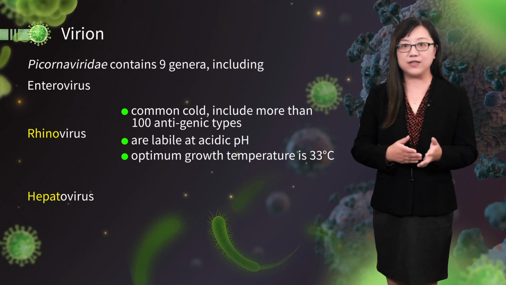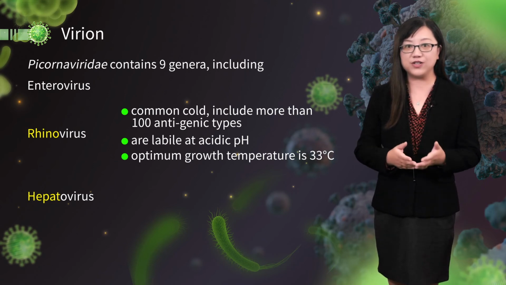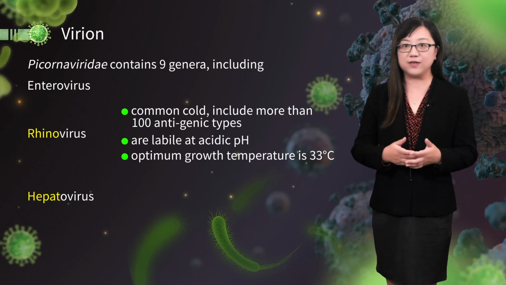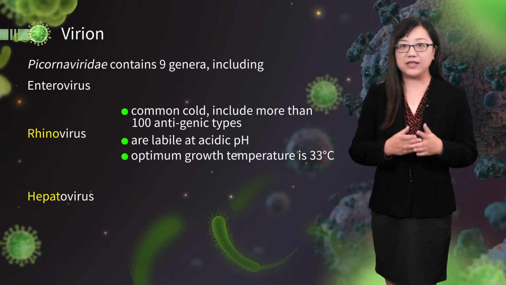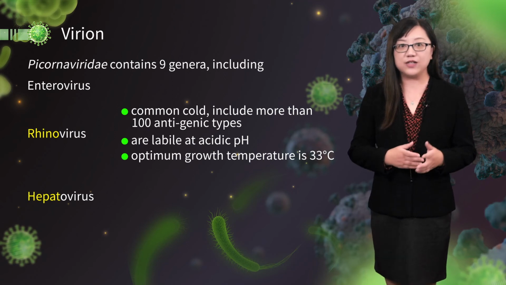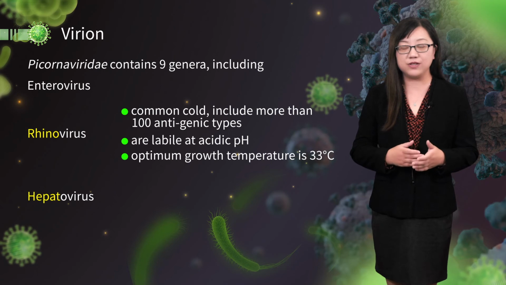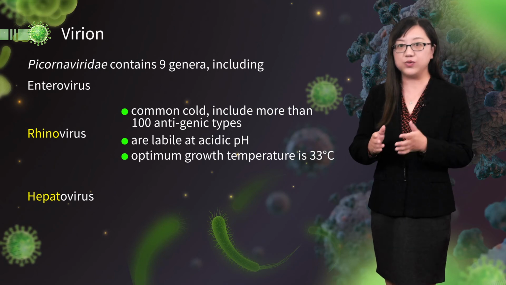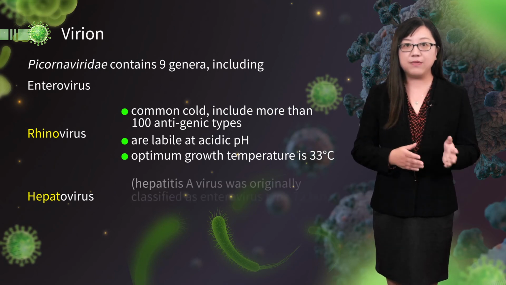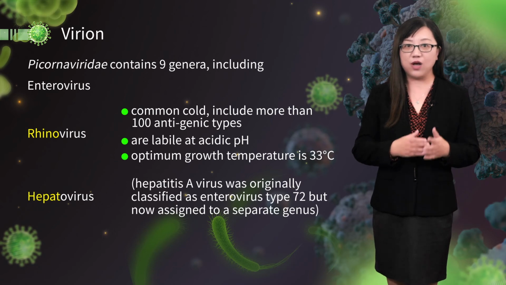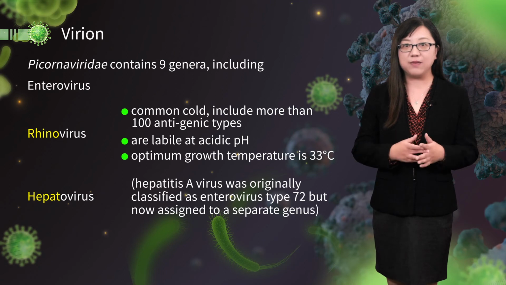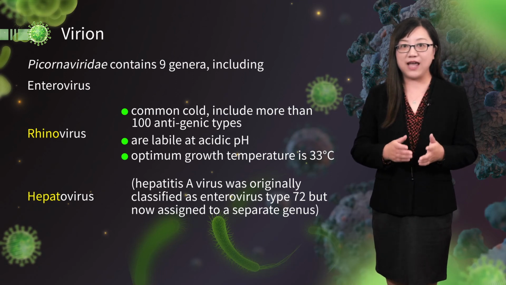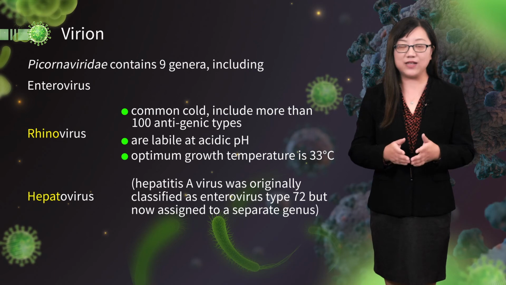The enteroviruses are very resistant to harsh environmental conditions, the sewage system, and the conditions in the gastrointestinal tract, which facilitates their transmission by fecal-oral route. Hepatitis A virus was originally classified as Enterovirus type 72, but is now assigned to a separate genus.